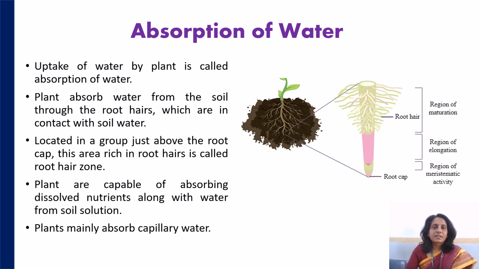The root hairs arise from the epidermal layer of the roots, and this zone of root hairs is called the root hair zone. Plants are capable of absorbing water and nutrients dissolved in the soil with the help of the root hairs, and this is in the form of soil solution.